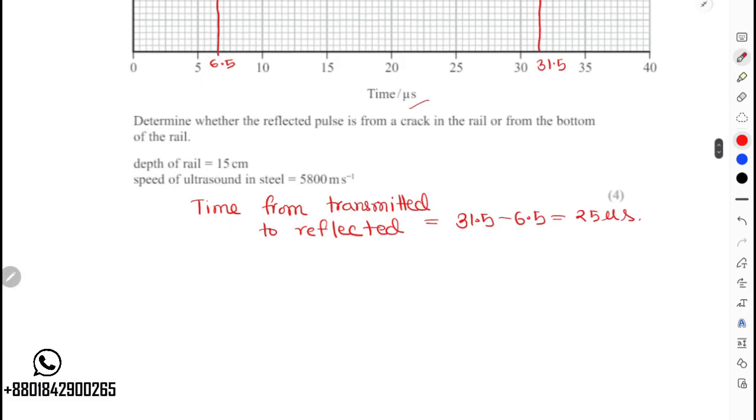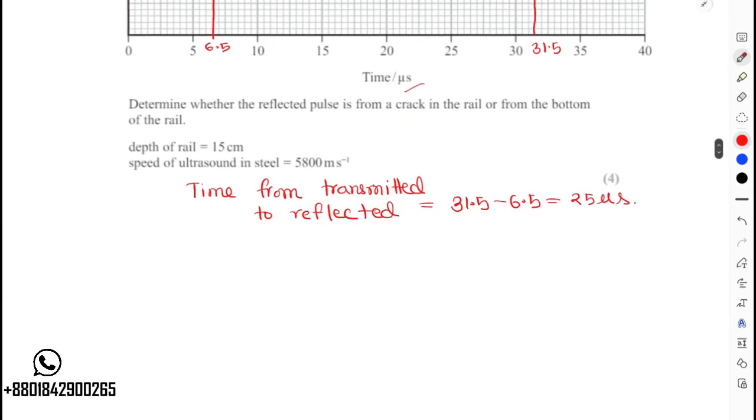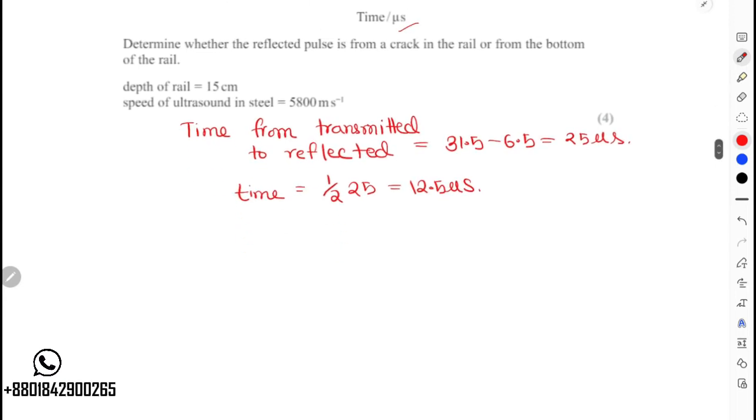Half of this time is taken for that reflection, because always remember, in the pulse echo technique, it travels twice the distance, right? So the actual time is half of 25, that is 12.5 microseconds.